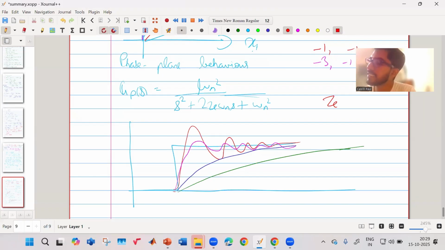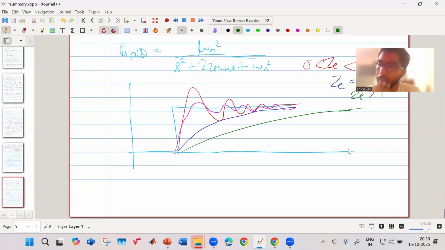Okay, if your zeta is less than 1, then you have this oscillatory behavior. If your zeta is equal to 1, then you have your critically damped behavior. And if your zeta is greater than 1, then you have your overdamped behavior. Okay.